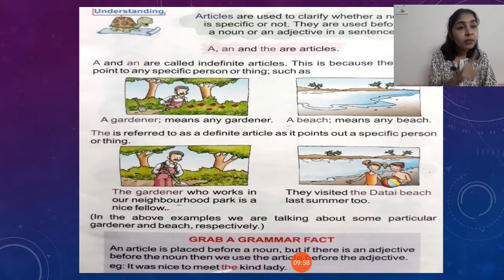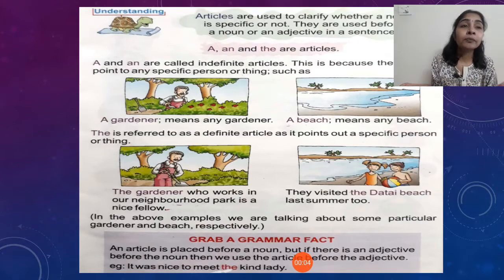We are using the there because we are talking about a specific beach. So it may be clear to you now that a is used with a non-specific thing which is not definite, and the is used with a specific thing. So when an adjective is there in the sentence, the article is used before the adjective and not before the noun.